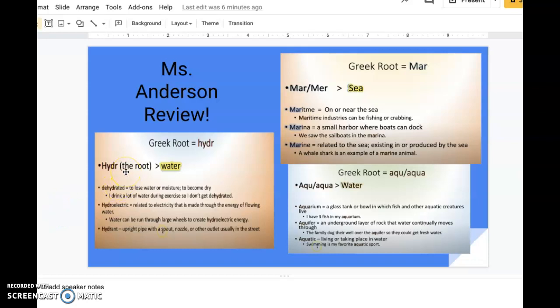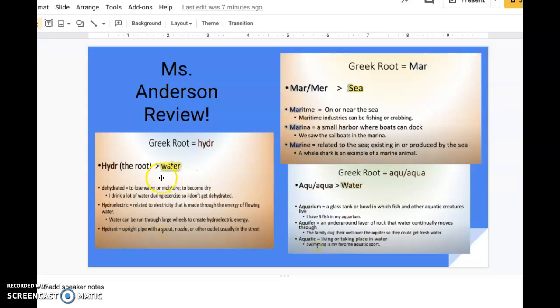She talked about aqua, which means water. She talked about the aquarium, which has to do with water. It's a glass tank. She talked about aquifer, an underground layer of rock that water continuously moves through. She also talked about aquatic, living or taking place in water.